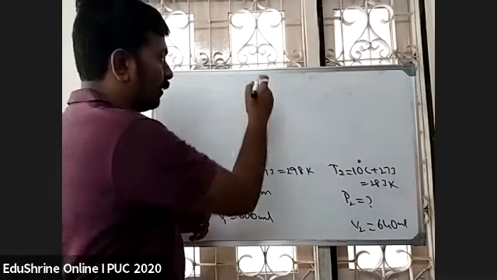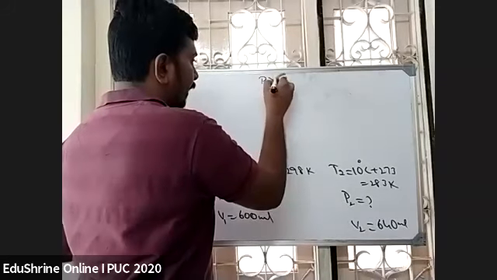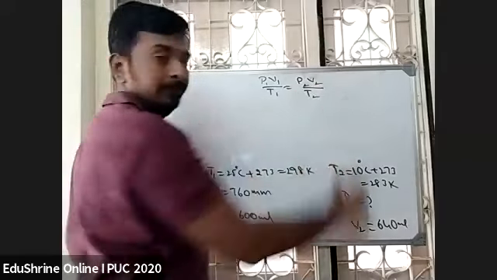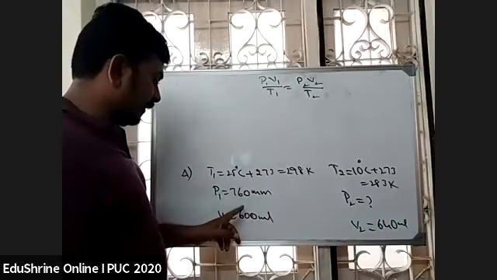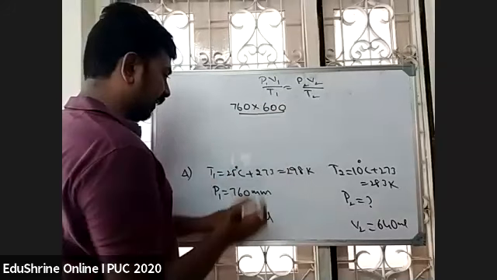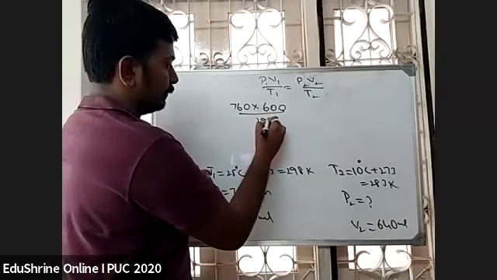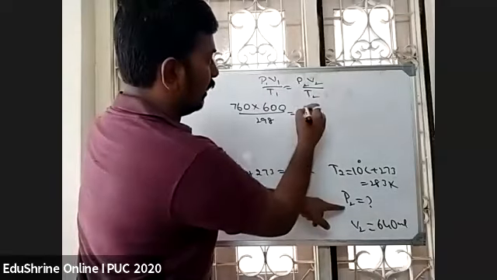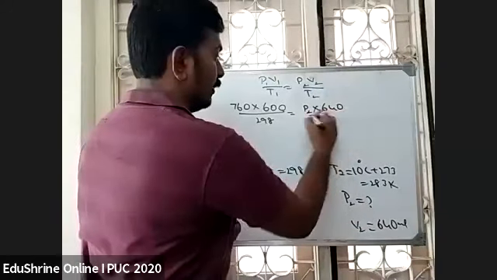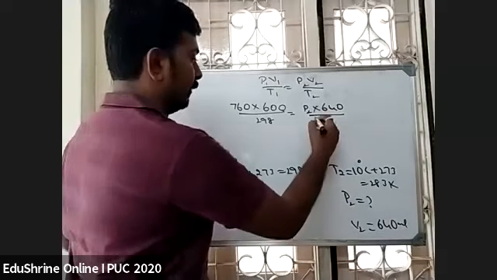So use the formula P1 V1 by T1 is equal to P2 V2 by T2. So P1 is 760 mm, V1 is 600, by T1 is 298. P2 I need to calculate. V2 is 640, by T2 is 283.